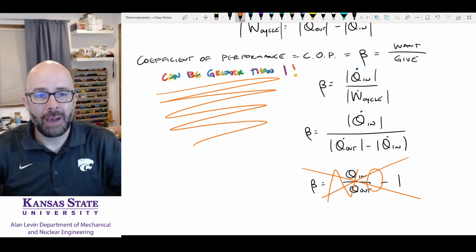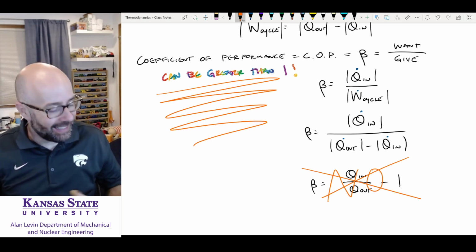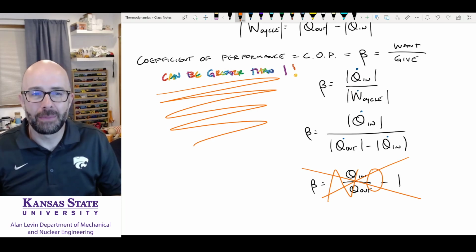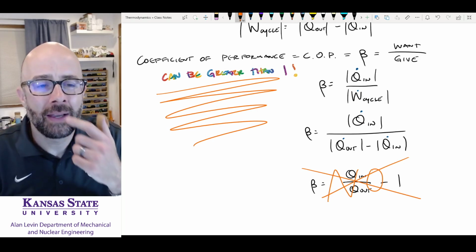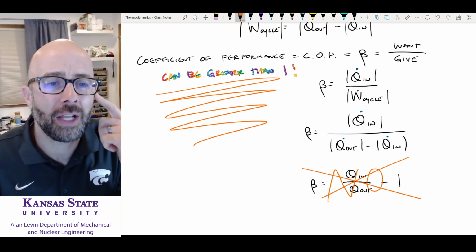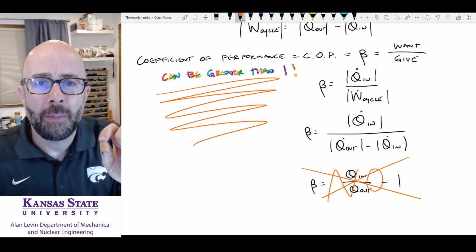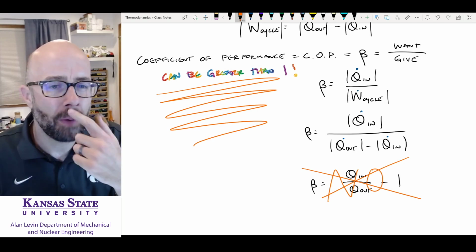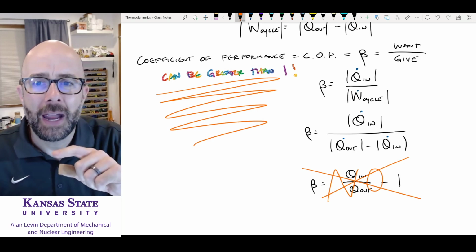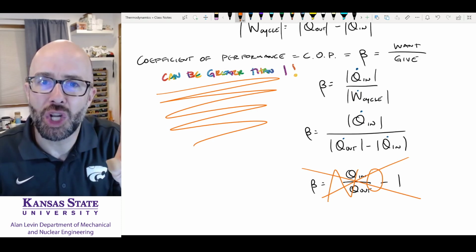I can't tell you how many times, when we had the luxury of being in the same room together taking exams, students would raise their hand and call me up and say, Dr. Wakeland, I'm doing this problem and I'm calculating the coefficient of performance and it's greater than 1, and I know it can't be greater than 1, so I don't know what to do.